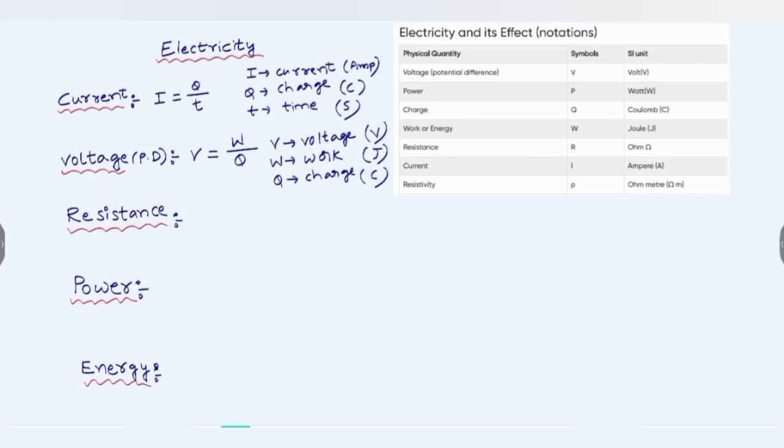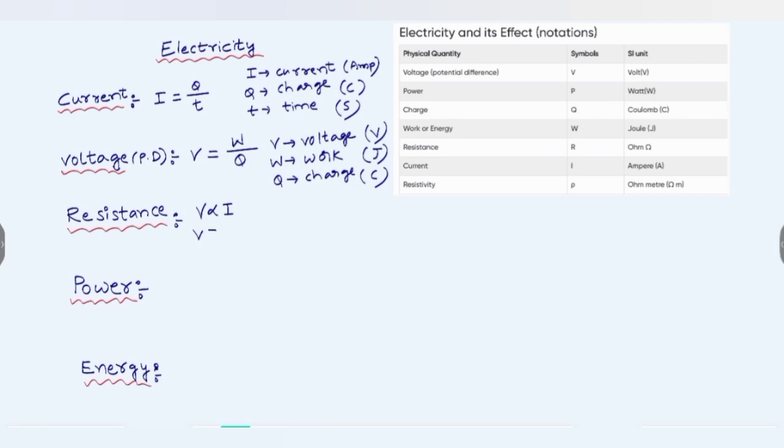That means whenever there is more potential difference, there will be more current through the circuit. If there is less potential difference, then less current will be there through the circuit. So by this we understand V is directly proportional to I.